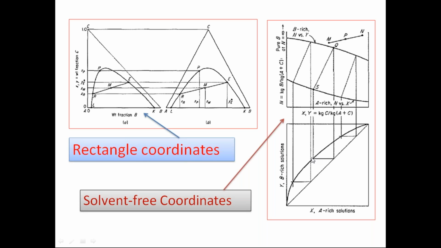And again you see here a single equilibrium point will give you one tie line on an XY diagram. And this single equilibrium point will again give the NXY diagram.